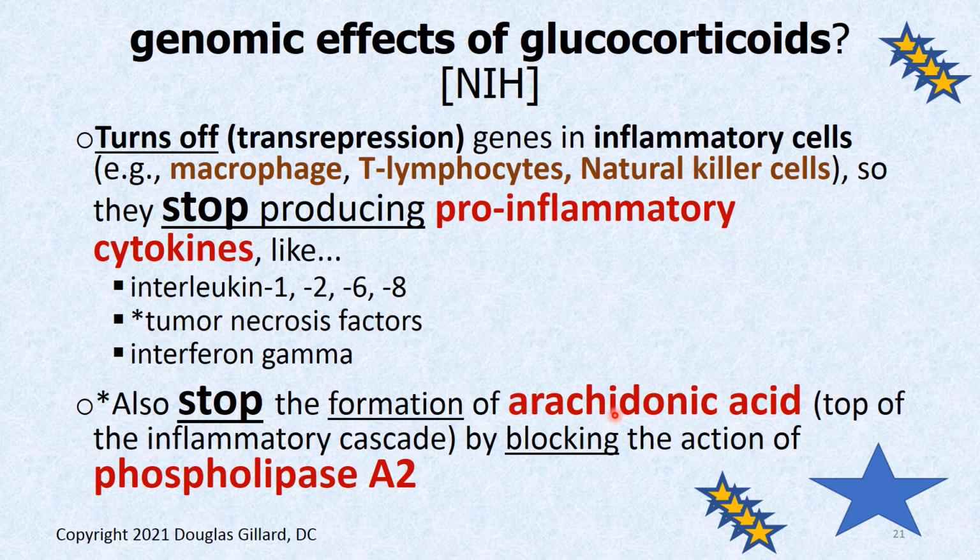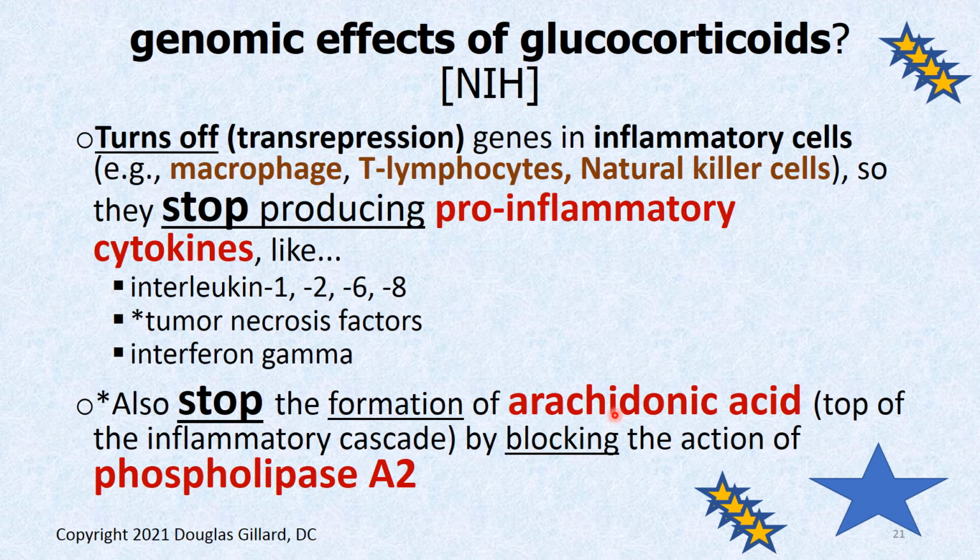So the first thing that cortisol or any of those synthetic glucocorticoids can do, we want to stop inflammation. It turns off the genes in the inflammatory cells, like the troops, the inflammatory gang, that come in to clean up a damaged tissue or come in to a tissue to fight an infection.